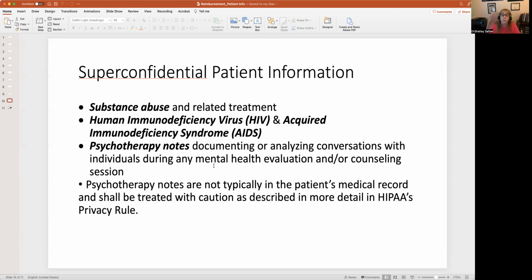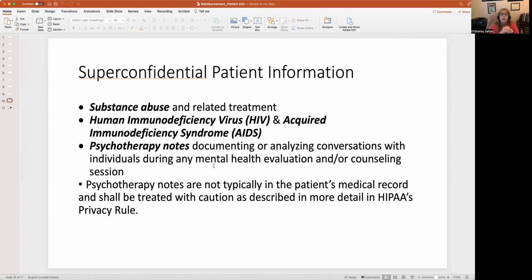Super confidential patient information includes substance abuse, documented, and or any treatment. A patient who is positive for HIV or positive for AIDS, which is a manifestation of HIV, and psychotherapy notes.